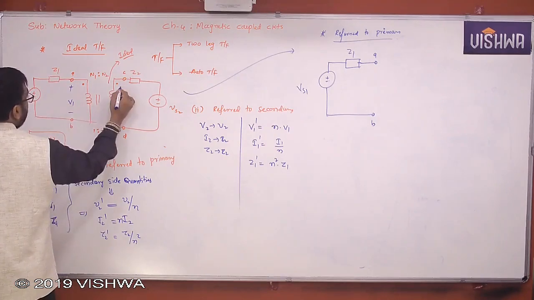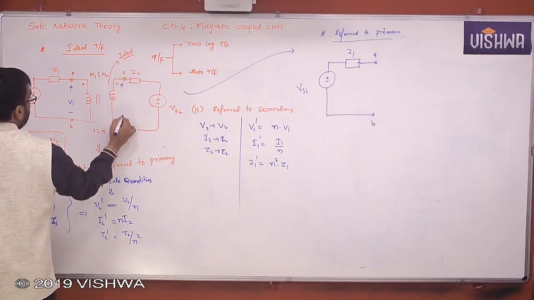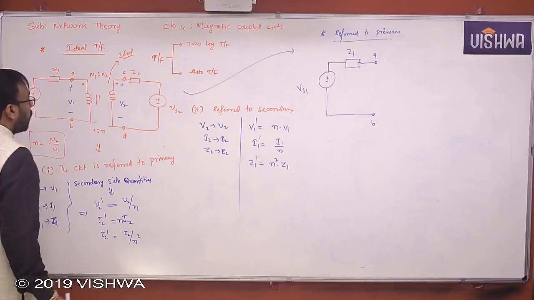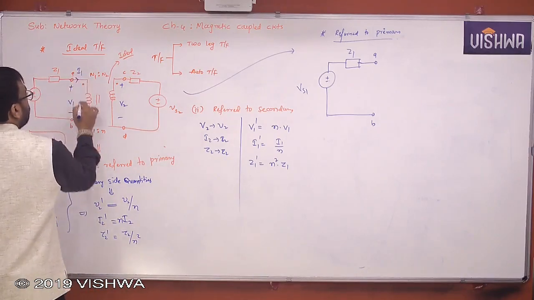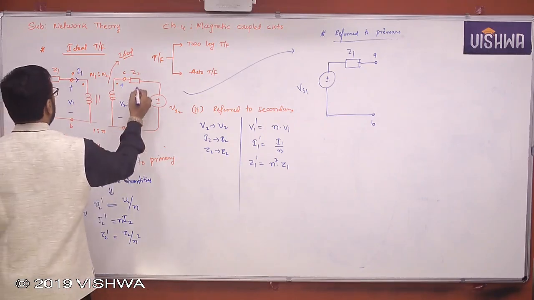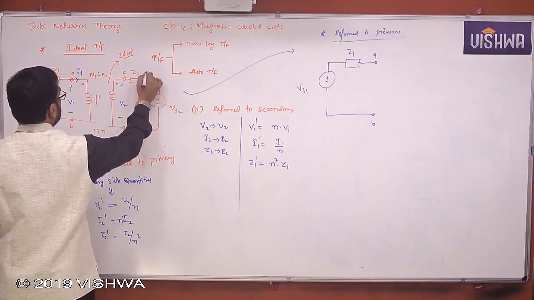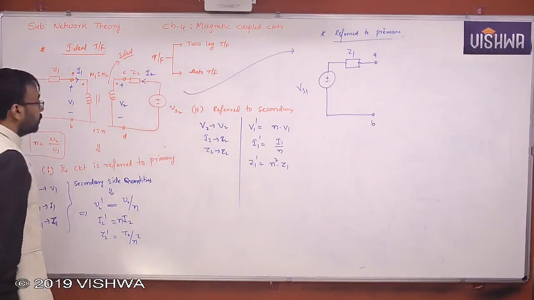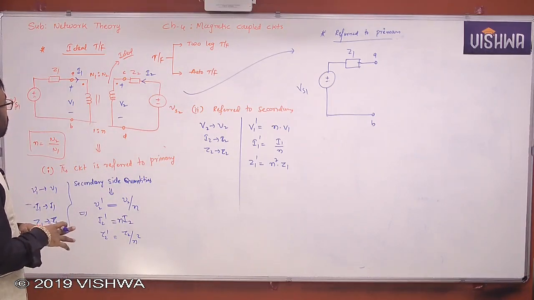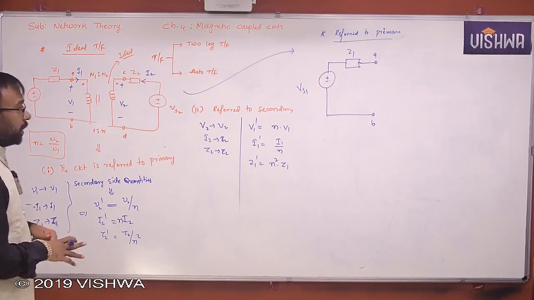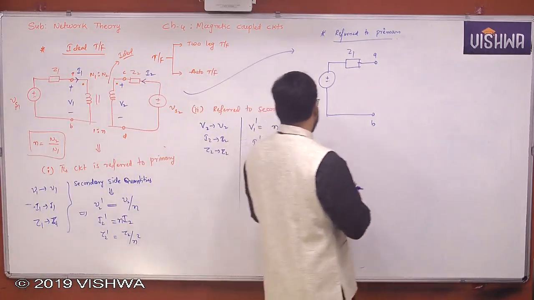V1. What is the voltage available here? V2. N1, N2. What is the current available here? I1. What is the current available here? I2. Is it clear, all of you? The current available is what? I2. Good.